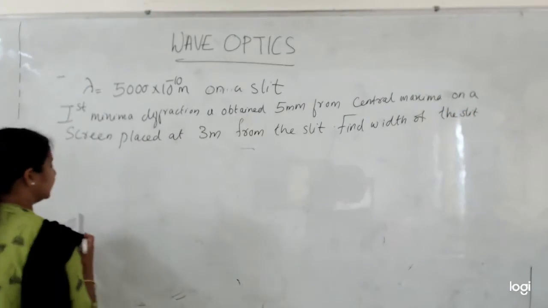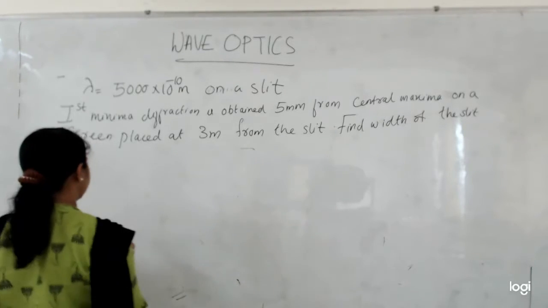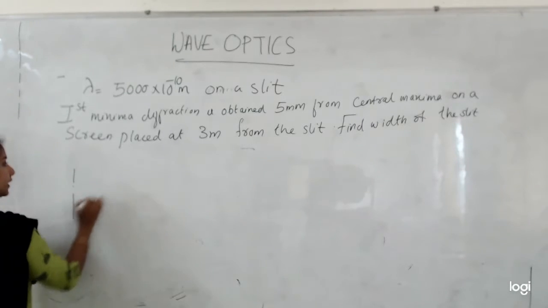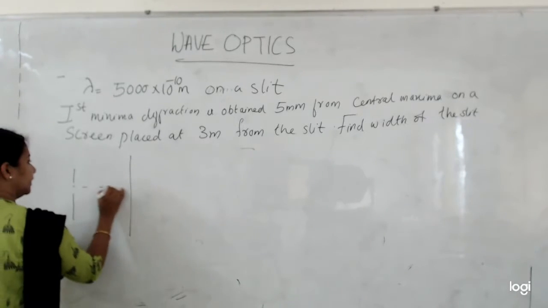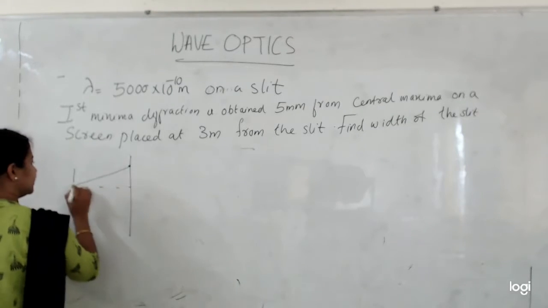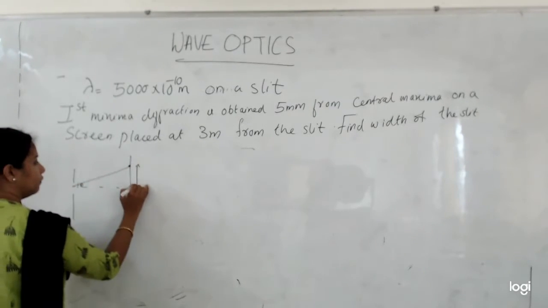So here you see we are getting the diffraction minimum. Now if you are taking it like this, it's a screen, central point, you are taking a point here. This is your theta, this is your y.